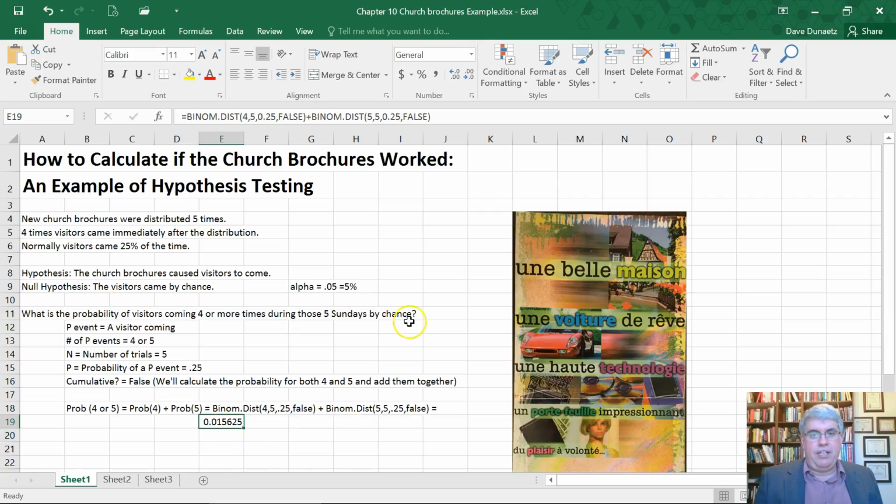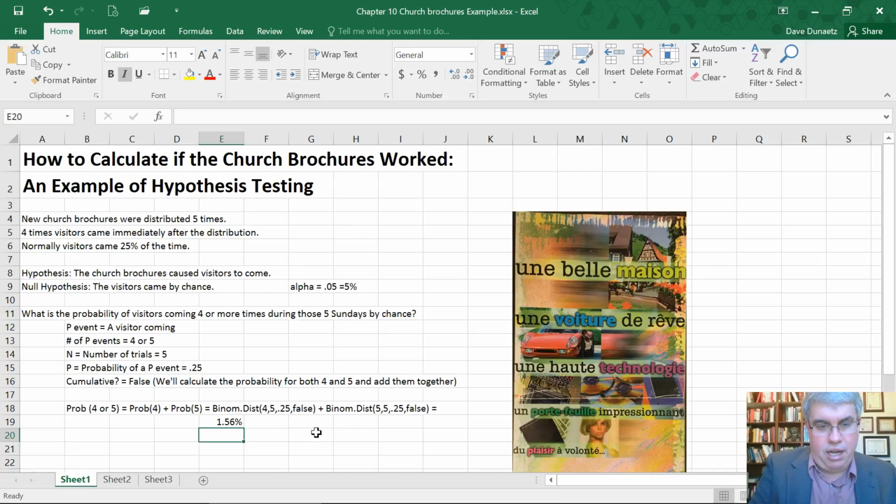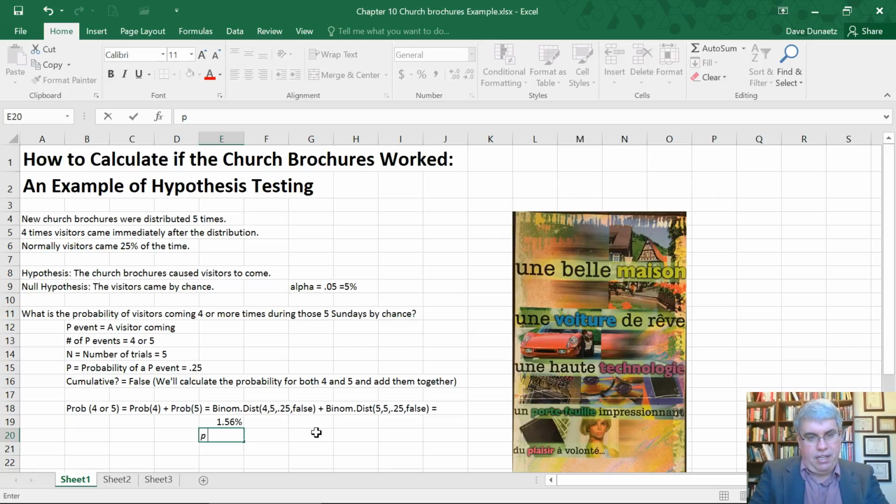0.0156. Let's change it to percent, and let's add a few more decimal points. So we've got P, so we can write Ctrl+I, that's the abbreviation for probability, turn off the italics, P equals 1.56%, which is less than alpha equals 0.05.